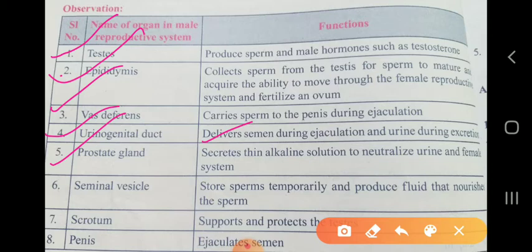Then sixth is the seminal vesicle, which stores the sperm temporarily and produces the fluid that nourishes the sperm. Next is the scrotum. It supports and protects the testes. And next is the penis. It ejaculates the semen.